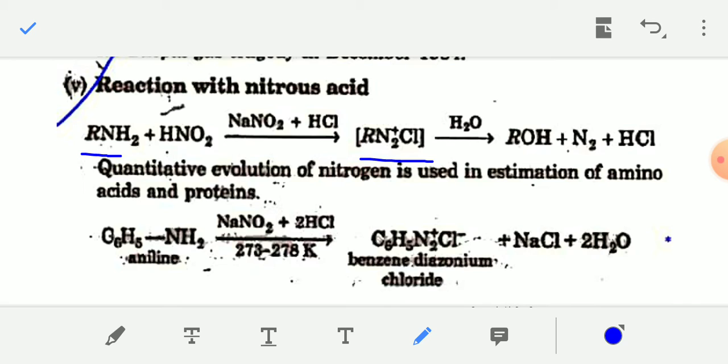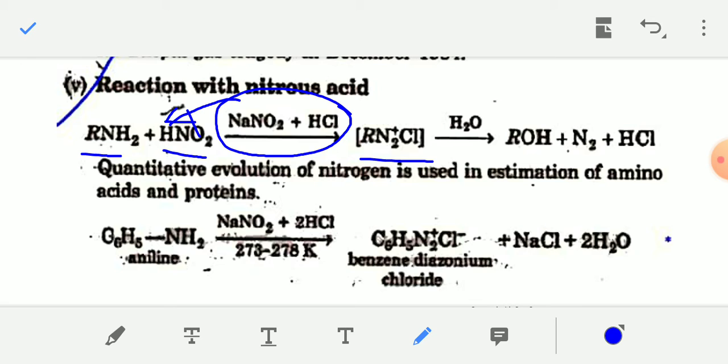Primary amine reacts with nitrous acid, but HNO2 is not directly used in this reaction. HNO2 is a highly unstable substance, that's why it is not directly used in this chemical reaction.